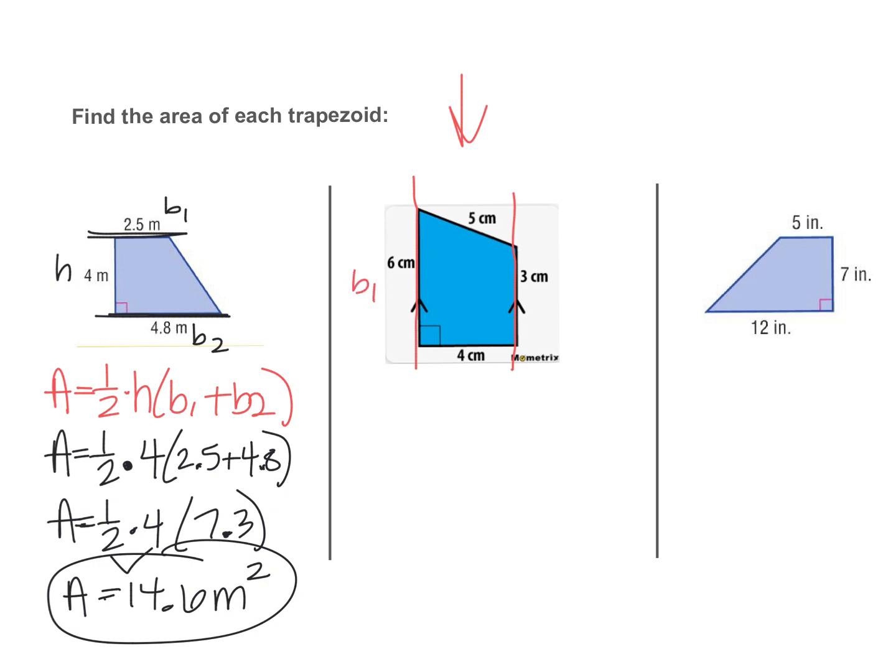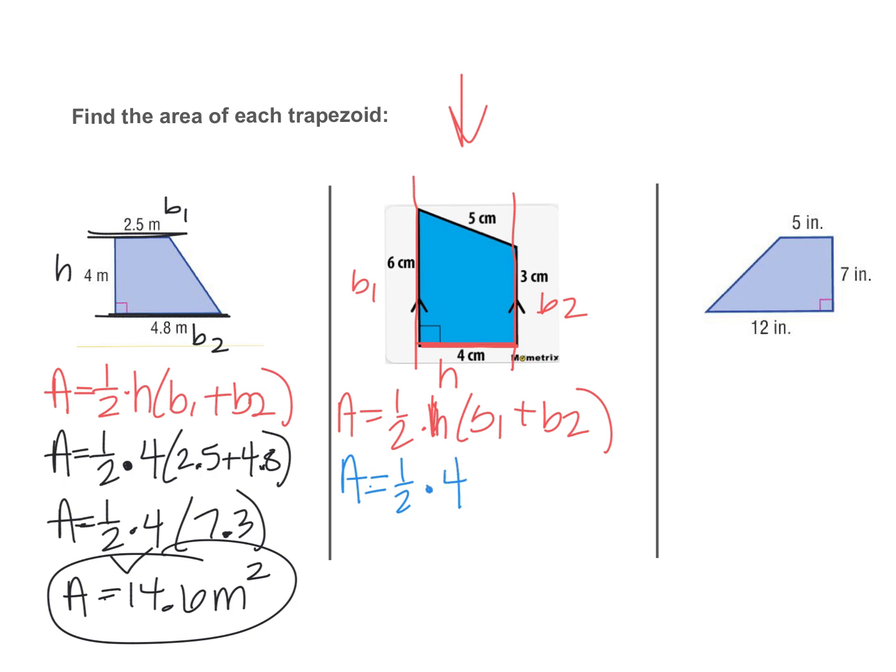So looking at this one, this is my set of bases. So I'm going to say that's B1, that's B2, and then this right here connects it in a straight line. So that's my height. So again, we have 1/2 times the height, oops, sorry, that's an H, B1 plus B2. And then we have 1/2 times 4 again.